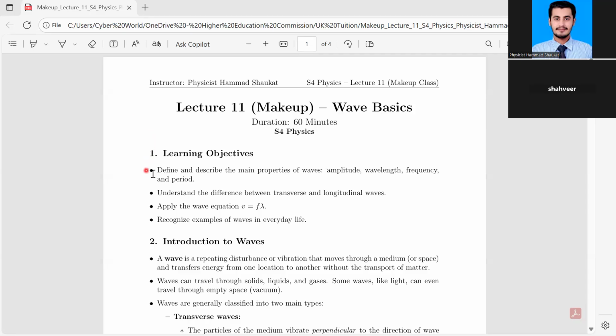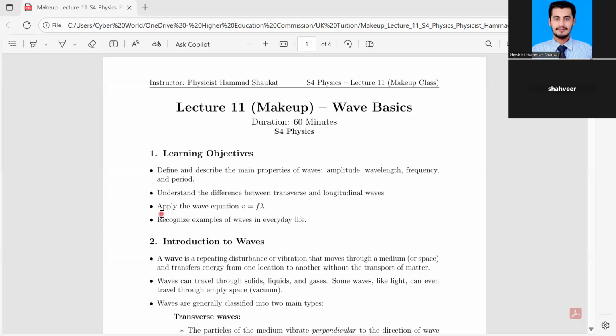We will define what a wave is and we will also describe the main properties of waves. Some of them are amplitude, wavelength, frequency, and time period. Then we will understand the difference between transverse and longitudinal waves, the main two types of waves depending upon the medium.